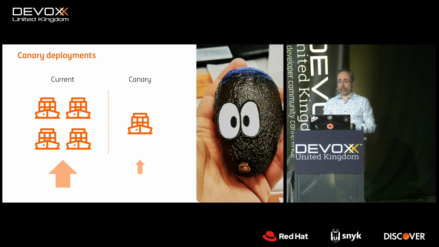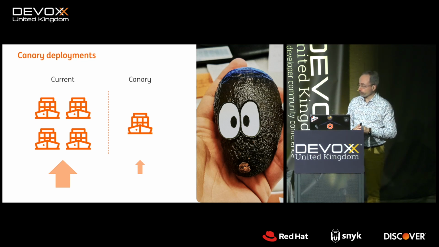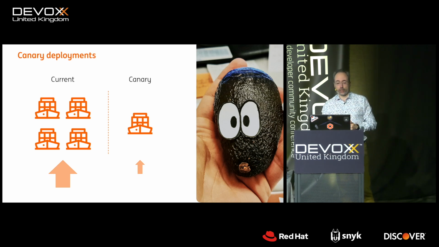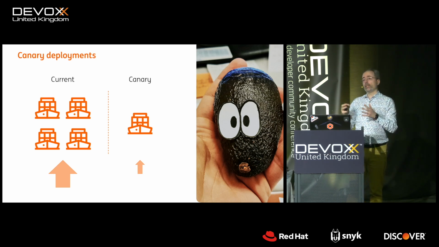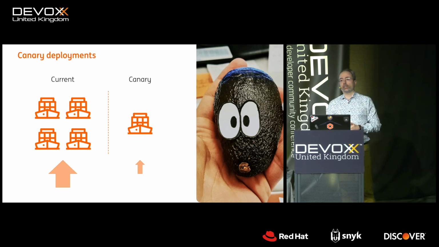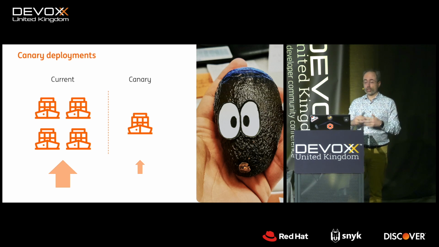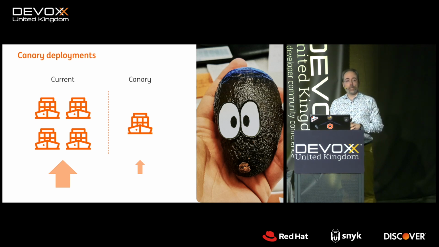One or two canaries are deployed. They get a small fraction of traffic. When everything goes right, then the old versions are replaced as the new version is scaled up. In the event that Murphy is right and something does go wrong, then the canary version can be quickly taken down, and hopefully either customers did not notice or just a handful were slightly inconvenienced by whatever it was that went wrong.